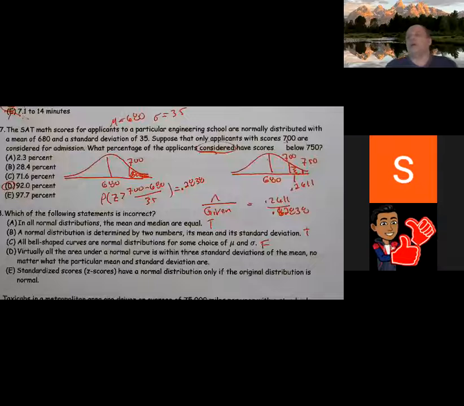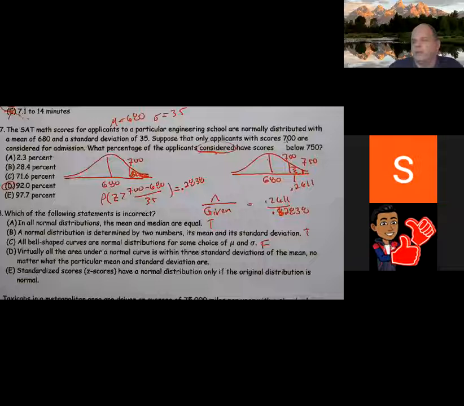Virtually all area under a normal curve is within 3 standard deviations, yes, 99.7%. And it doesn't matter how spread out it is. 99.7% is within plus or minus 3 standard deviations. Standardized z-scores have a normal distribution only if the original distribution is normal.